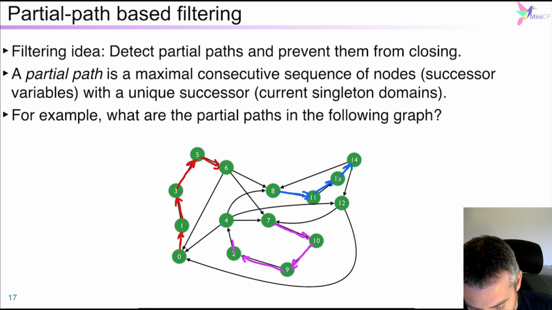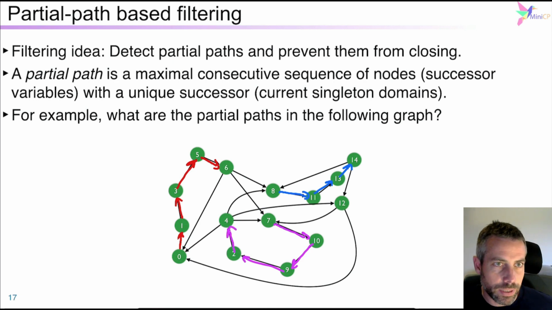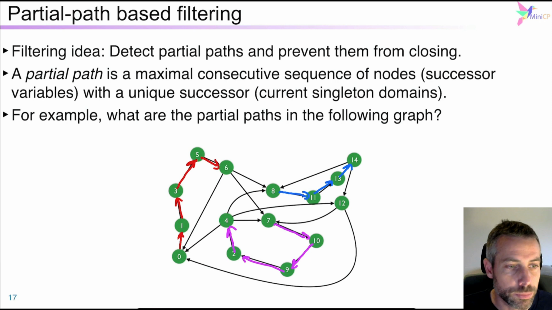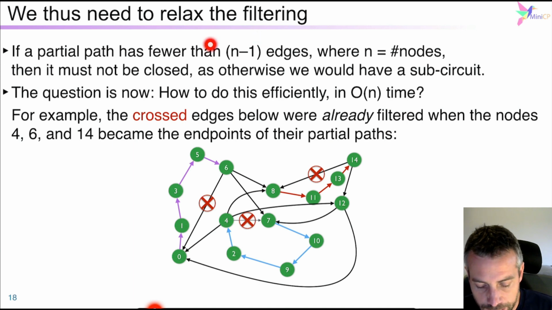The general idea of the filtering that we'll use is that if the partial path that we have detected is too short, then we will prevent this partial path from being closed. Too short means that the partial path has fewer than n-1 edges, where n is the number of nodes in your circuit constraint.